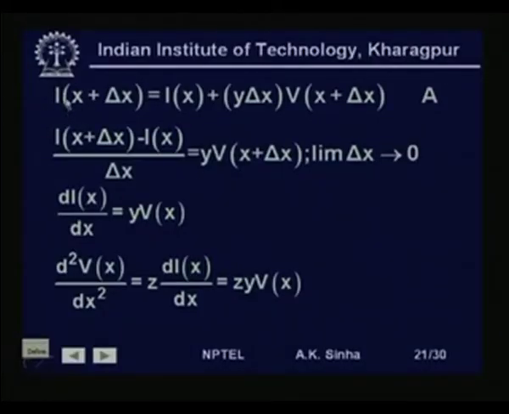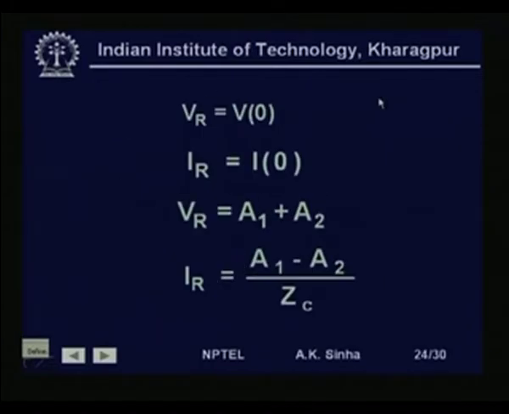Similarly, writing Kirchhoff's current law, we will have I at x plus delta x equal to I at x plus y into delta x into V at x plus delta x.